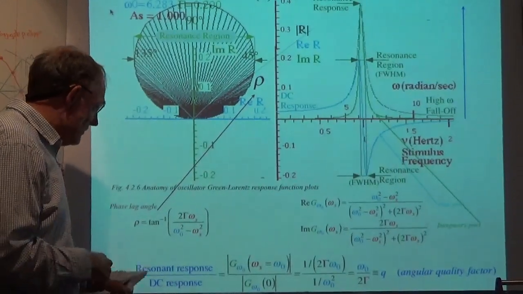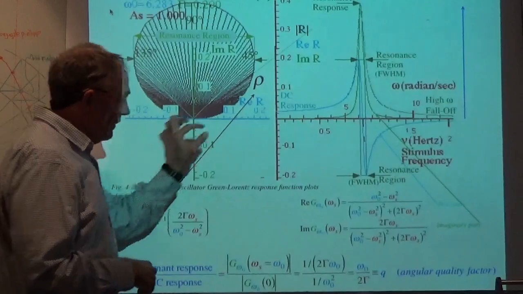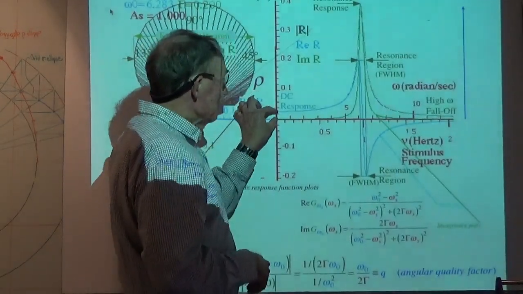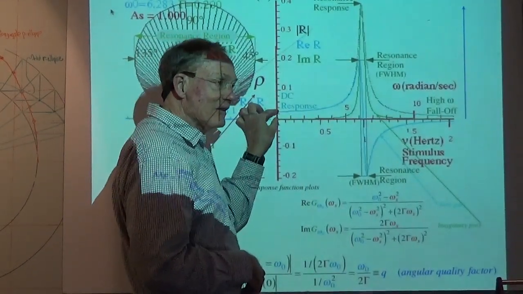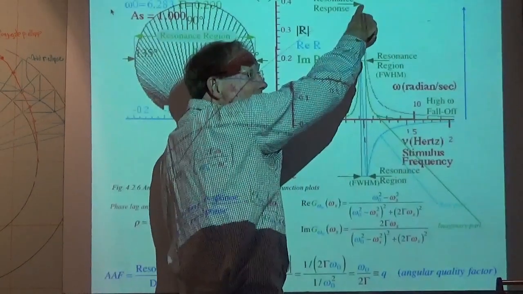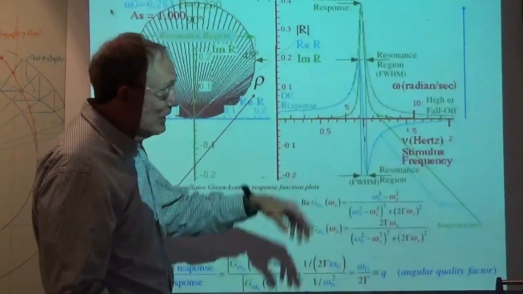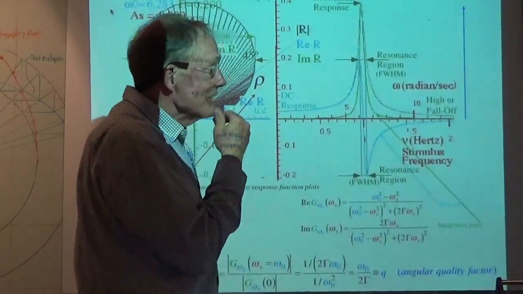So that's what we're looking at here, a ratio of this tiny little DC response to what you get when you really hit the frequency. Okay? Now remember what that number was for our oscillator.